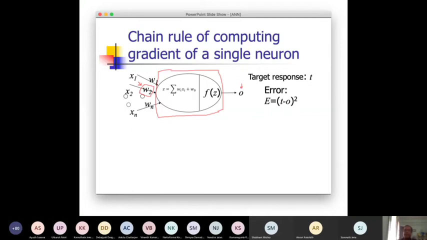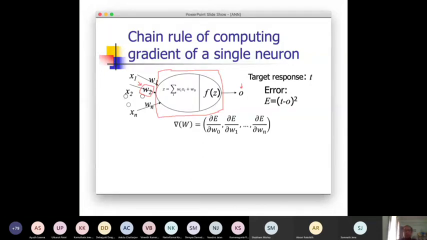But before that, let me explain the principle behind computation of this gradient from the analytical point of view, if I consider a single neuron, and we can see that it is used in the backpropagation algorithm also. This principle is the chain rule that we all know from our school mathematics, the chain rule of doing differentiation of any function with respect to a set of variables.